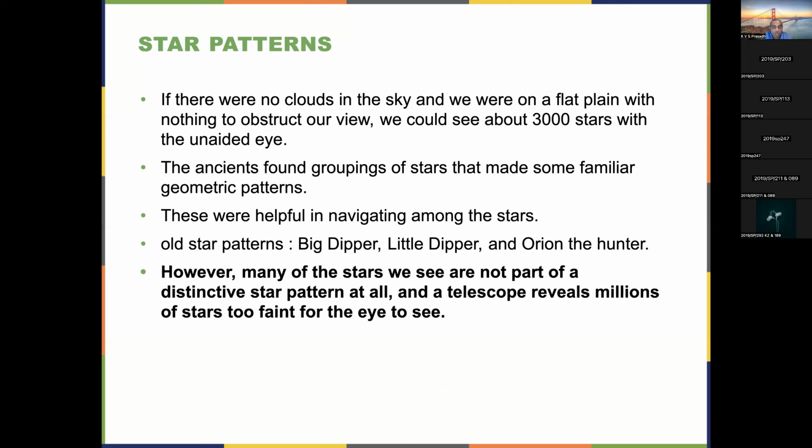Even though we have a lot of star patterns that we have defined on the sky, most of the stars on the sky don't belong to any of these star patterns, right? If you use a telescope, for example, you will see a huge number of faint stars that you cannot even see with the unaided eye, right?